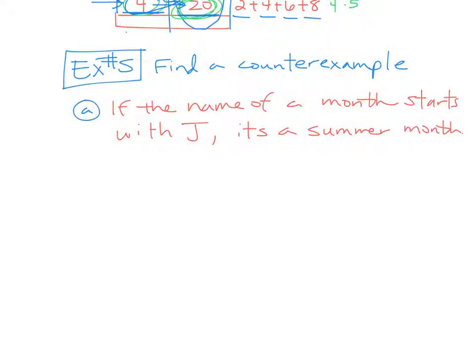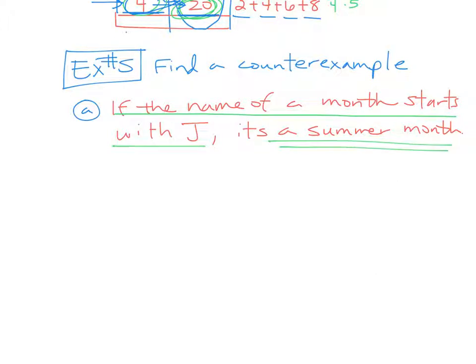Okay, so here's how counterexamples work. You have to have the first part true. So we have to have a month that starts with J, but the second part false, the conclusion false. It can't be a summer month. So what is your counterexample? January.